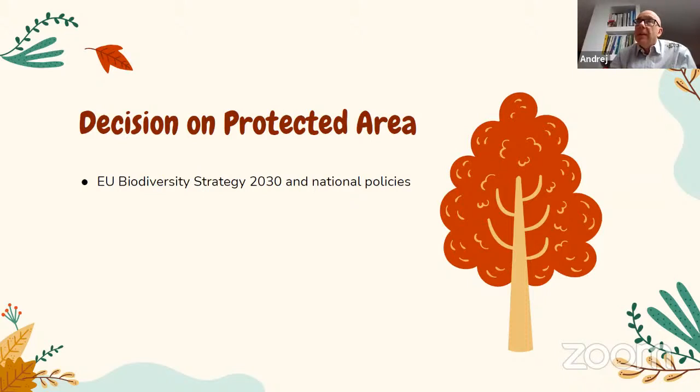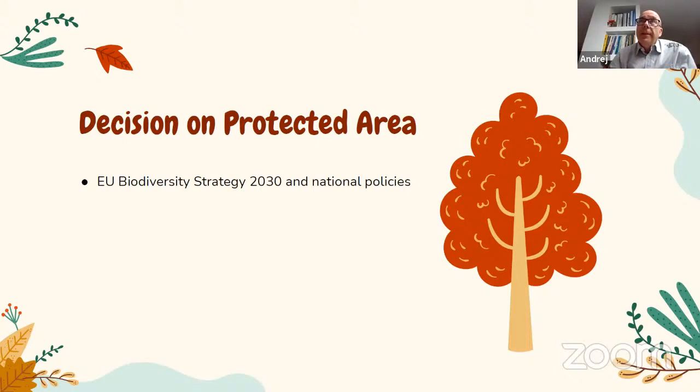So we have this standard now in the EU Biodiversity Strategy saying there should be 30% of land and 30% of the oceans within the European Union under some form of protection, and one third of those protected areas on land and one third on the oceans should be strictly protected.